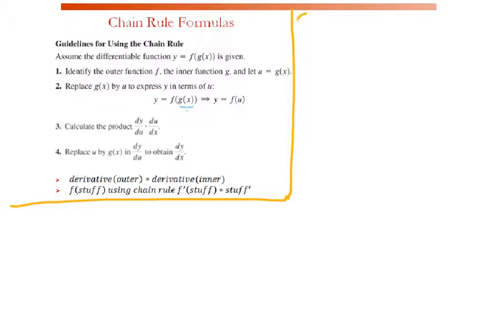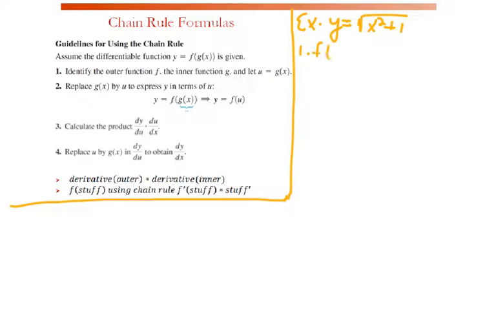The example that I'd like to look at is y equals the square root of x squared plus 1. So the first step in this is to identify the inner and the outer function. Let f be the outer function and g be the inner function, where u is equal to g of x. So the outer function here is actually the root function.